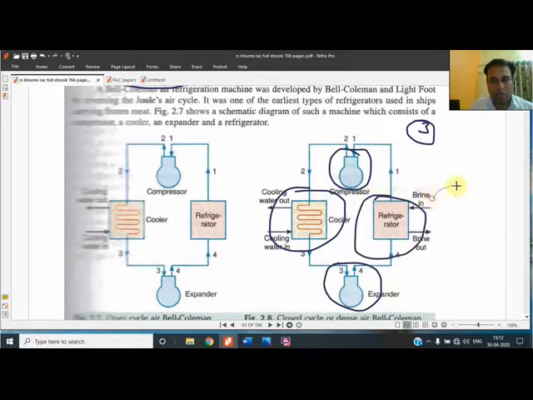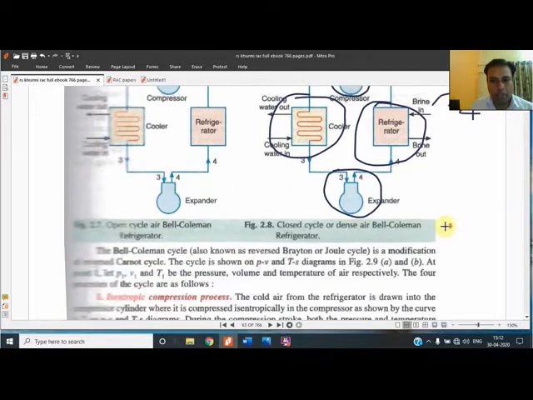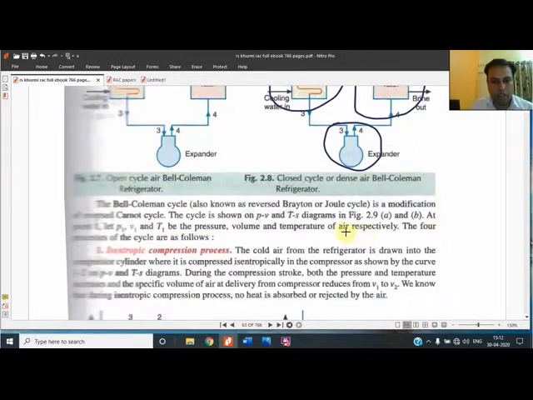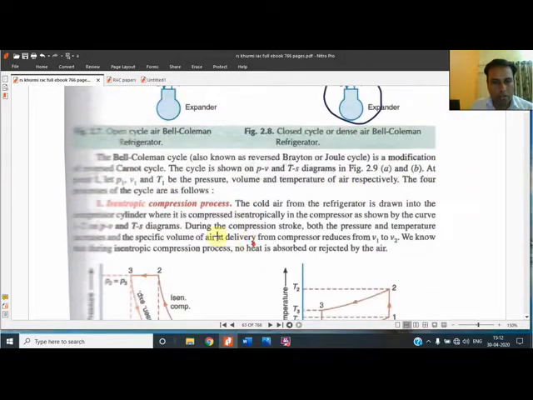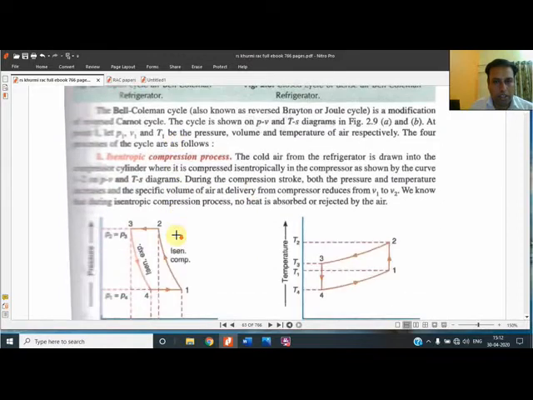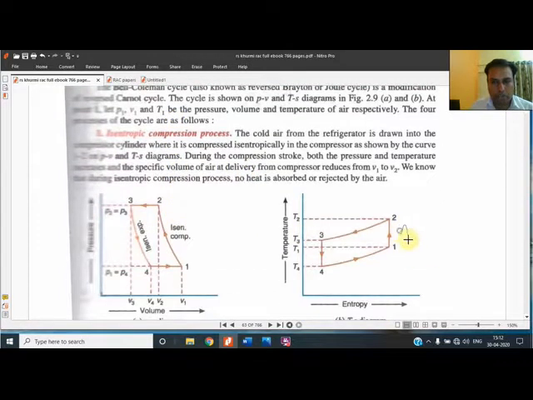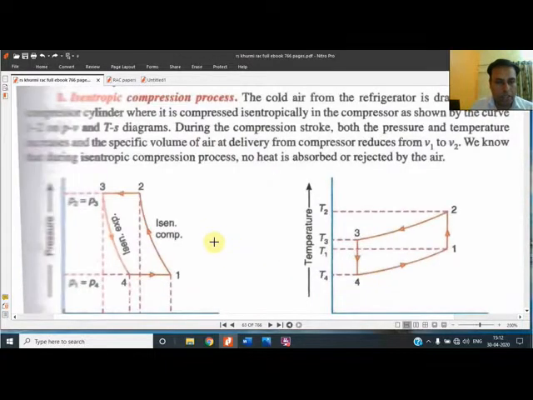So there are overall four processes, and the same thing is shown over here: first, second, third, and fourth. What you have to learn is that two processes are constant pressure processes, meaning the pressure remains constant.